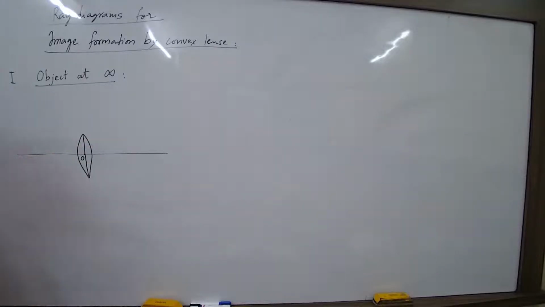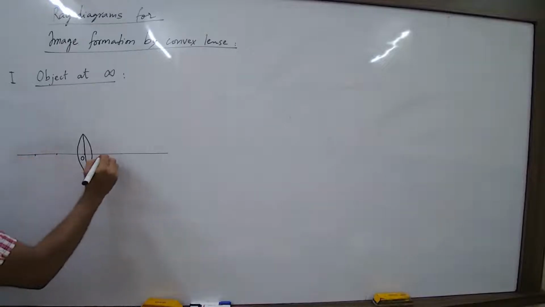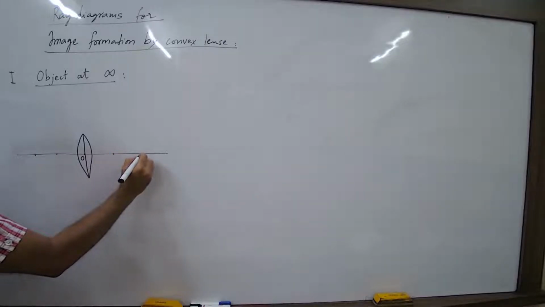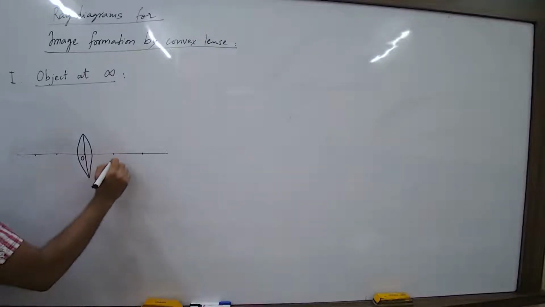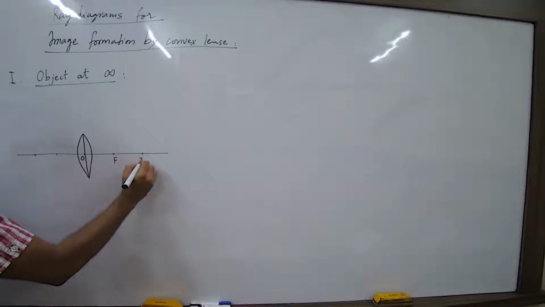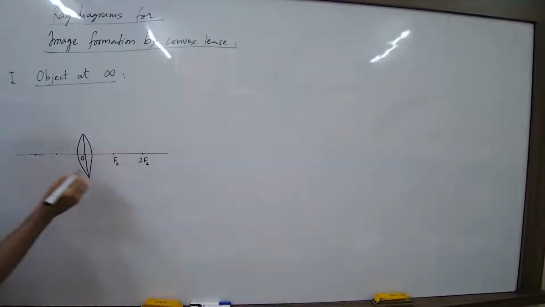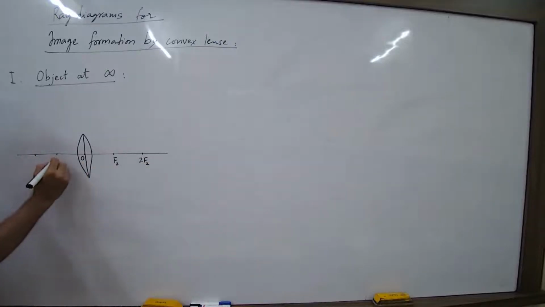O is the optical center of the lens, right? Then you have to mark the focus and the center of curvature on both sides, at equal distances. It is generally F and 2F. For convex, 2F is on the right side and F1 is on the left side.